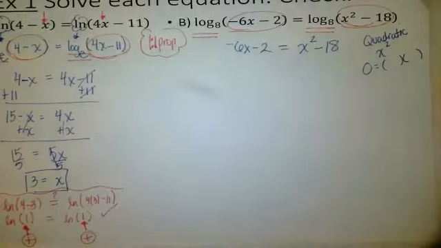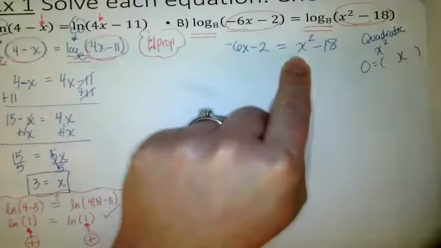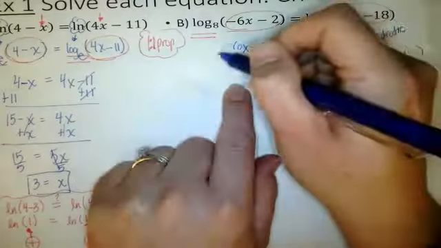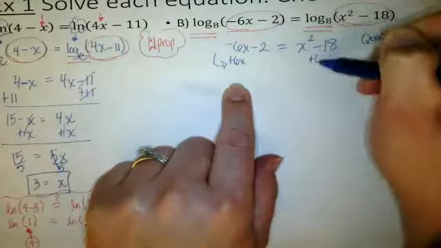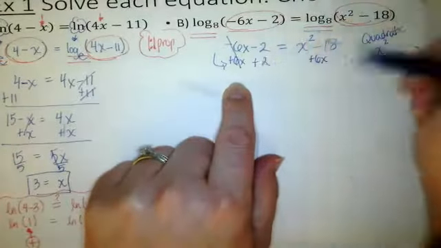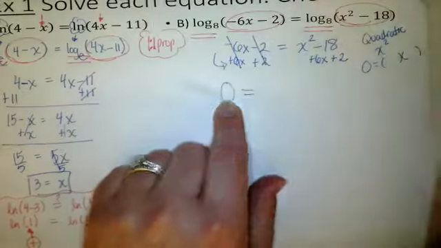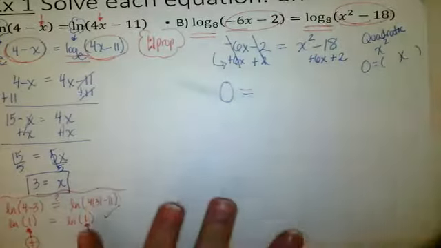Okay, so we want to move everything over to this x squared side. So I'm going to add the 6x to the right-hand side. I'm also going to add 2 to the right-hand side so that I get a 0, so that everything is on one side of my equation.